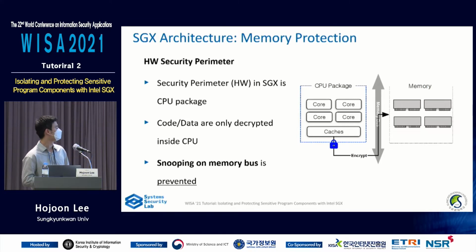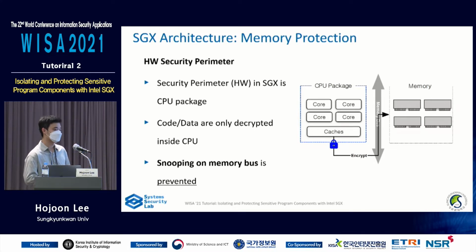This security perimeter effectively defends against, for example, memory snooping attacks, where the attacker can place a probe on the RAM slot to listen to what you're computing on. This defense mechanism effectively mitigates that.